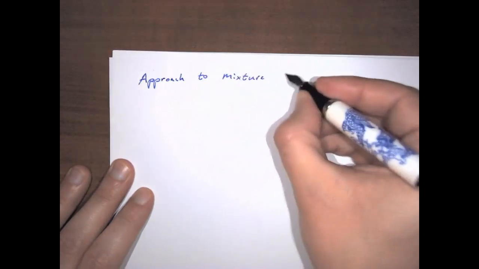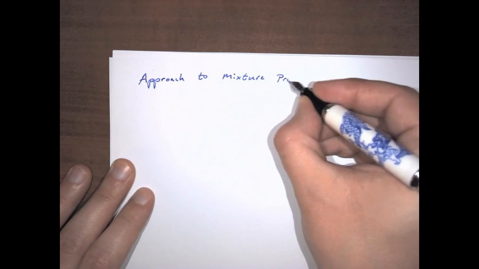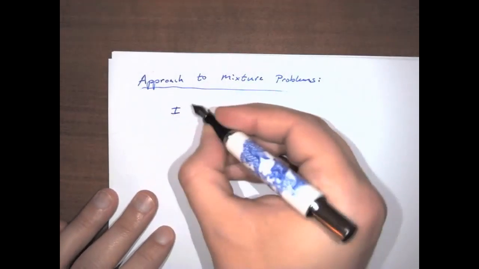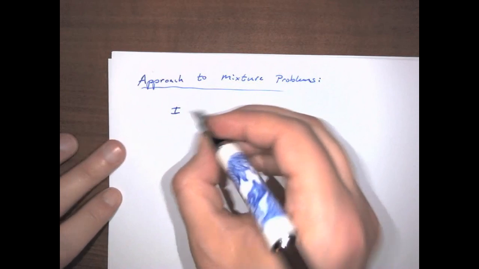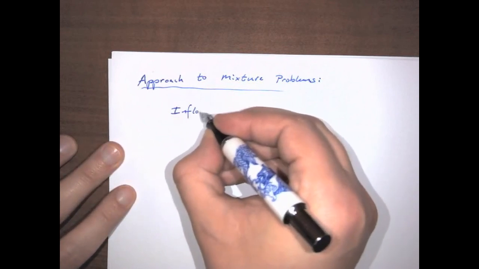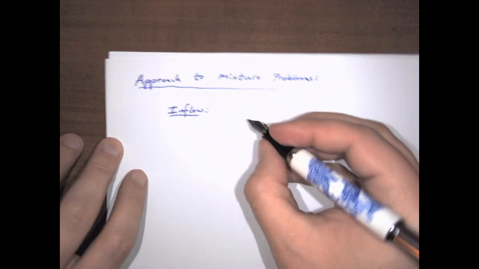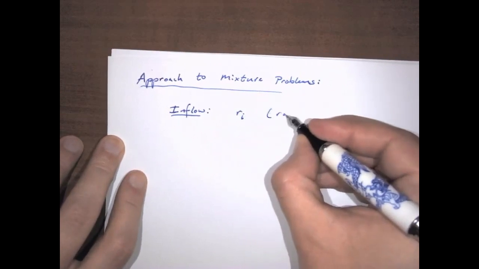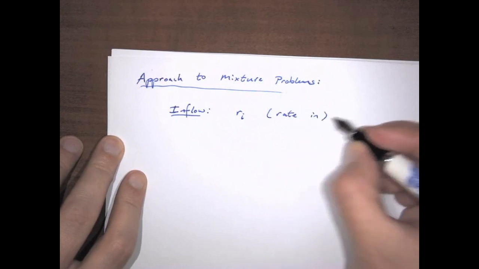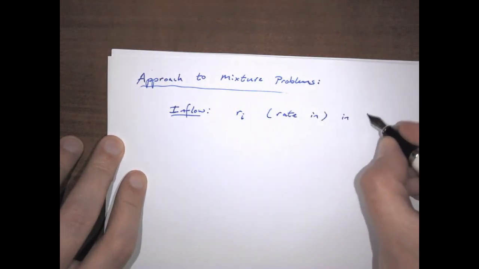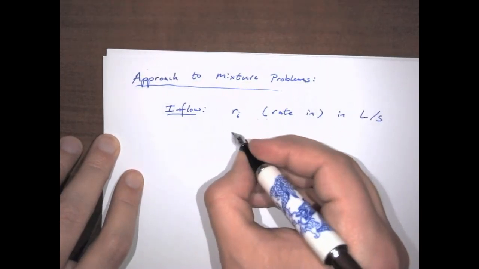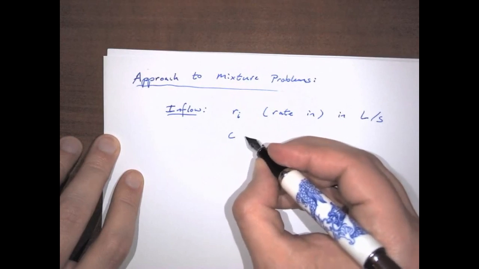They go by both names. All right, so we're going to break everything down into inflow and outflow. So the inflow, we have the RI, which is rate in. And this is in liters per second, so this is volume. Then we have concentration of the solution going in.